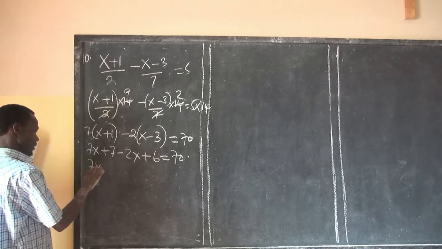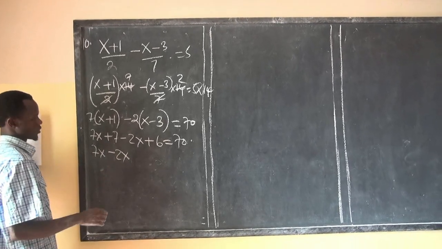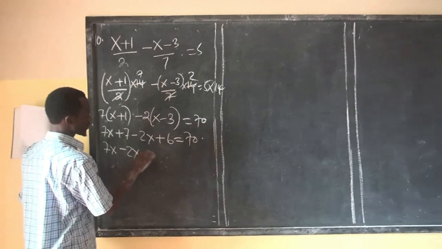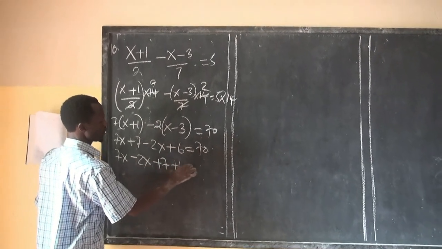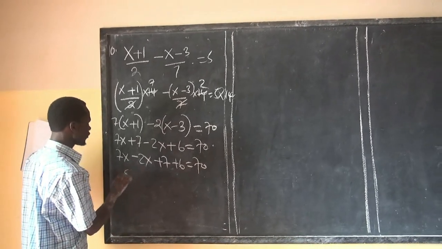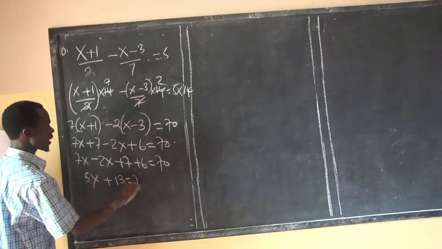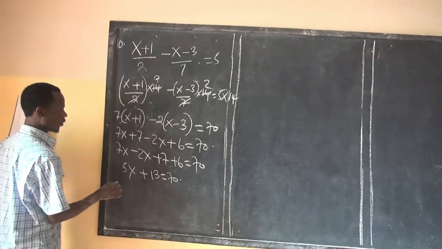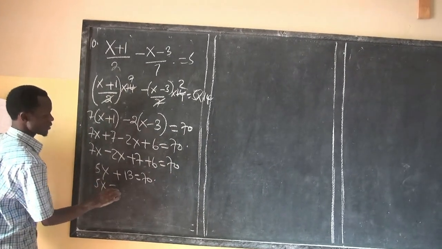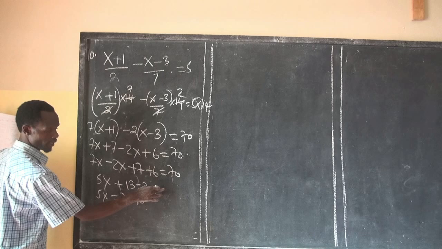Now it is 7x minus 2x because we are collecting the like terms. Now plus 7 plus 6 is equal to 70. Now here you have 5x plus 13 is equal to 70. Now 5x is equal now to 70 minus 13 because I've taken this to the other side.